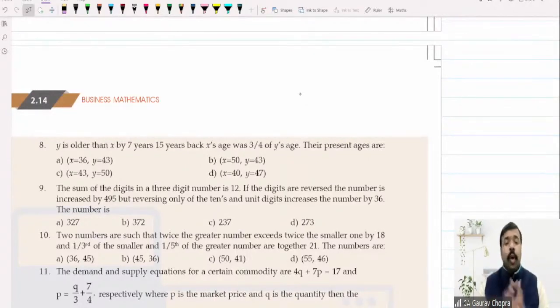So it depends on our mental calculations only. There is no particular method for the selection of option, but it is our tricks, our mental calculation which helps us pick the correct option.